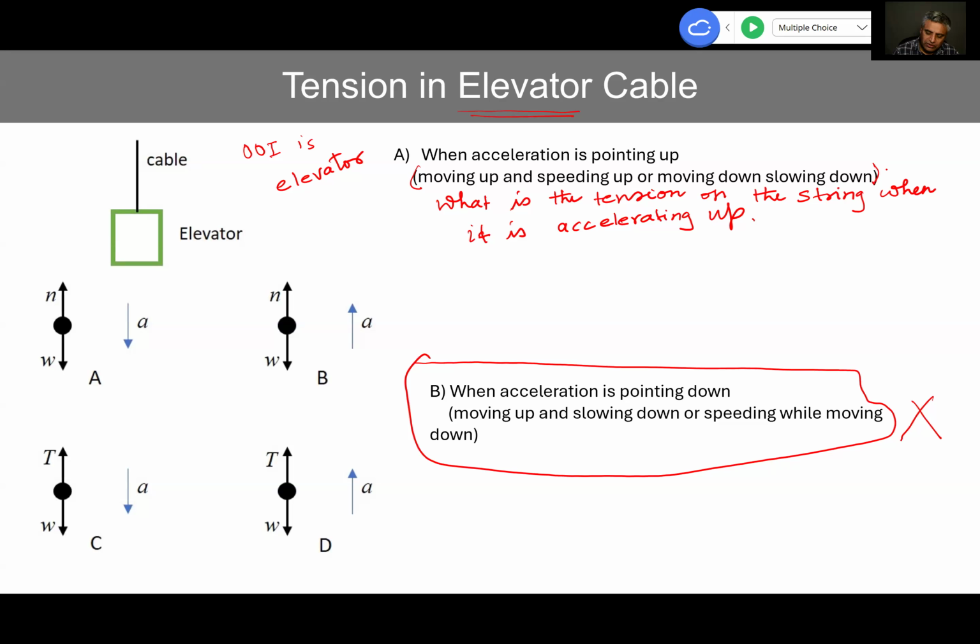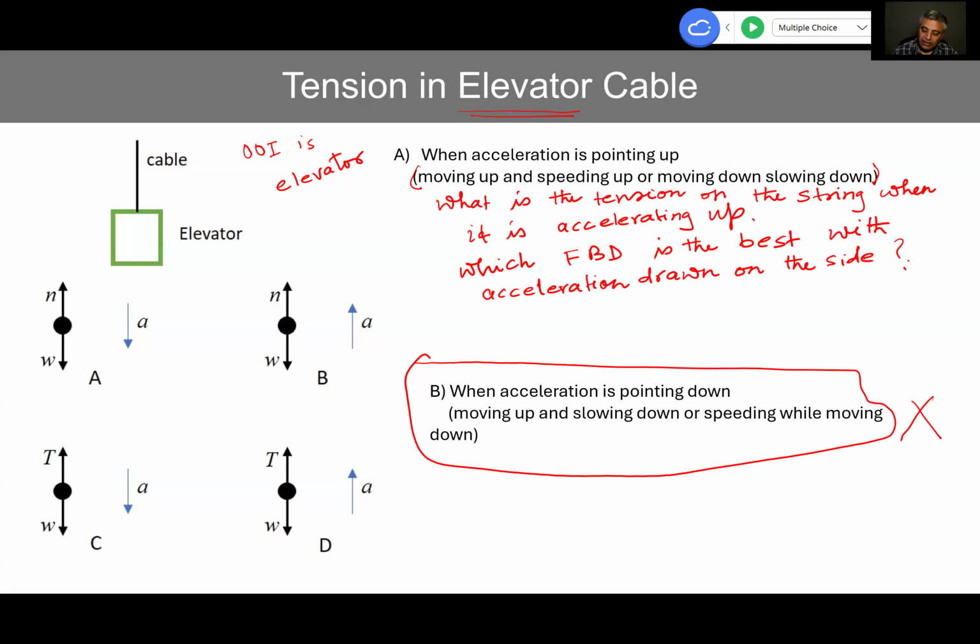So now, the question is, which FBD is the best, with acceleration drawn on the side? There are 4 choices, okay? So you have a minute to answer this question.